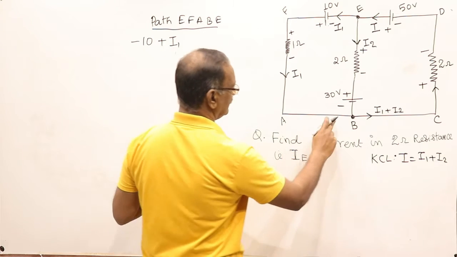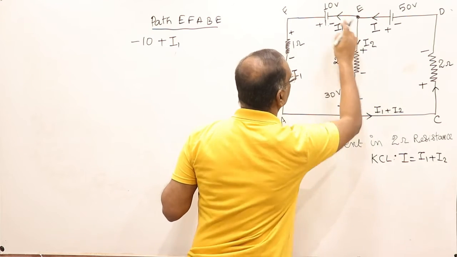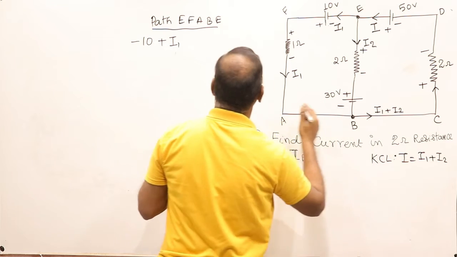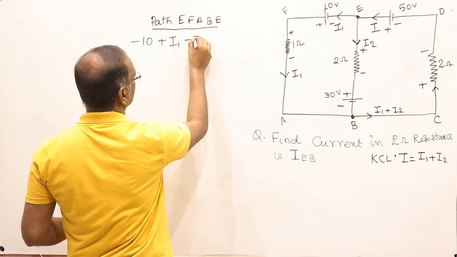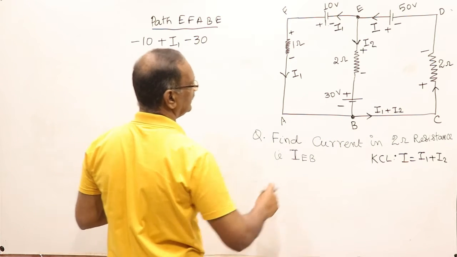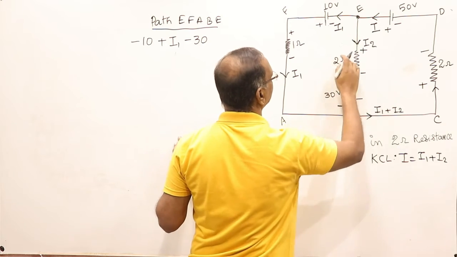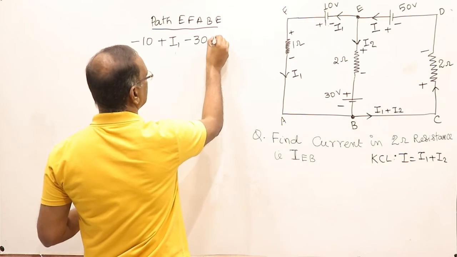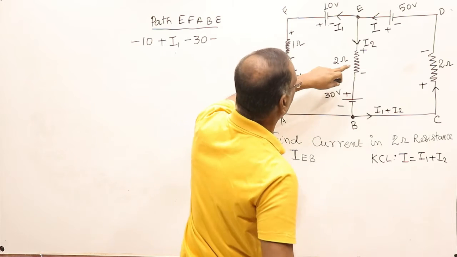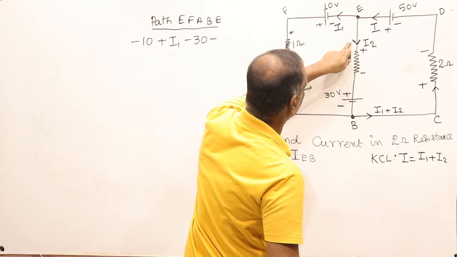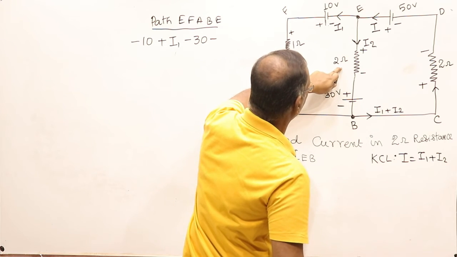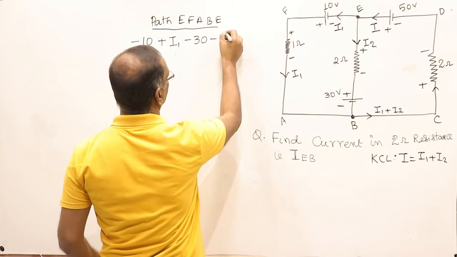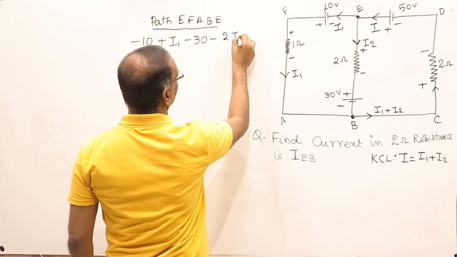Now again we are going this way in this loop, negative to positive, that is negative EMF, that is 30. Again we are going from here to here, negative to positive, it will be a negative voltage drop, that is I2, the current flowing is I2 into 2, that is 2I2.